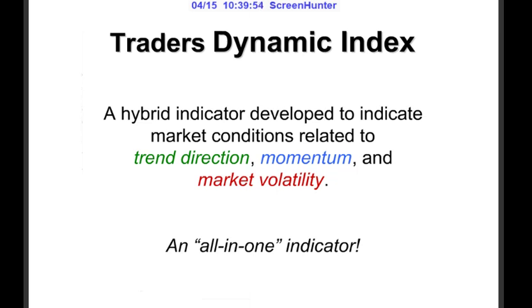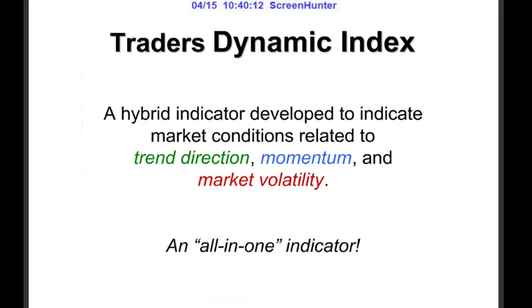Someone recommended to me, said, Dean, find those things that resonate with you in the market and put them all together. What I noticed was that there were three common things I was looking for in relationship to price: trend direction, momentum, and market volatility.